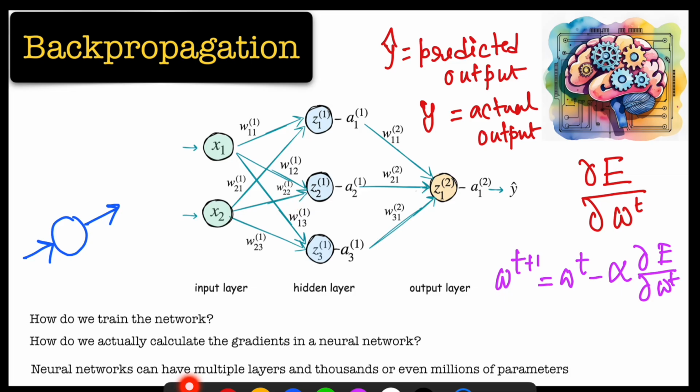Neural networks can have multiple layers and thousands or even millions of weight parameters. So calculating these gradients and updating the weights is a difficult task. We'll see how we do it here.